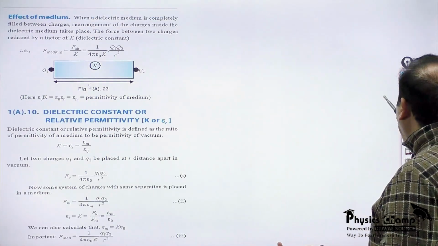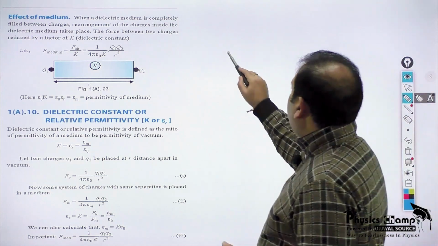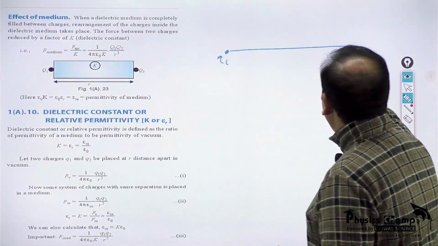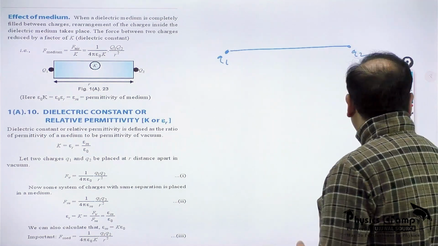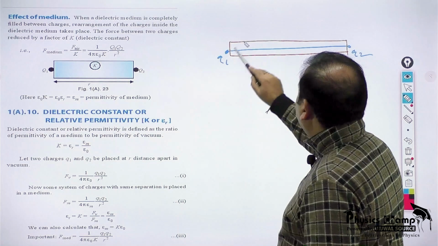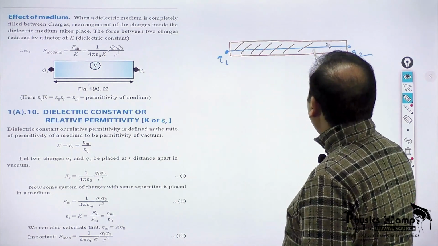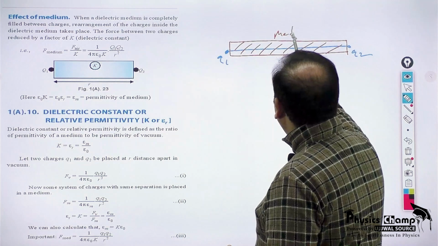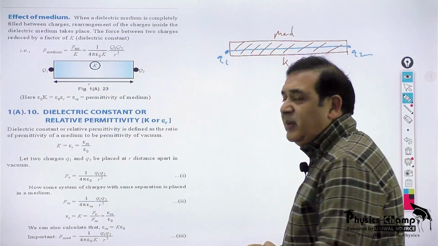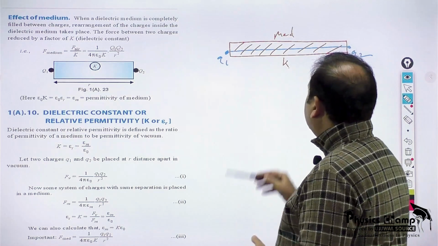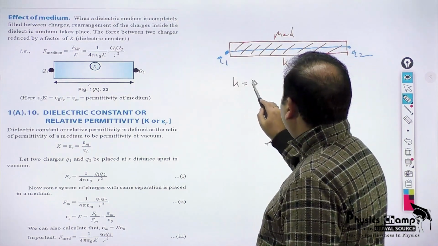So what will happen when you have charge q1 here and charge q2 here, and the space between them is not air nor vacuum, but some medium, and it has a dielectric constant K. So for a medium, we have a term dielectric constant.